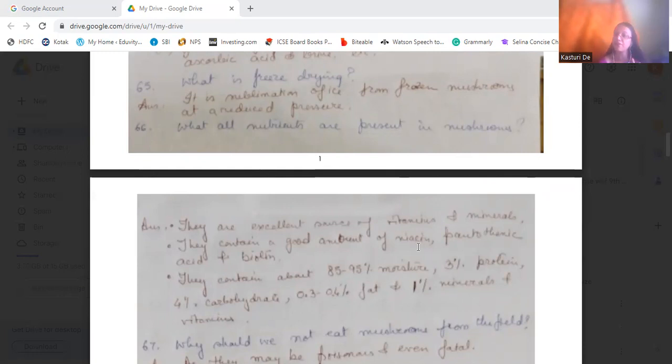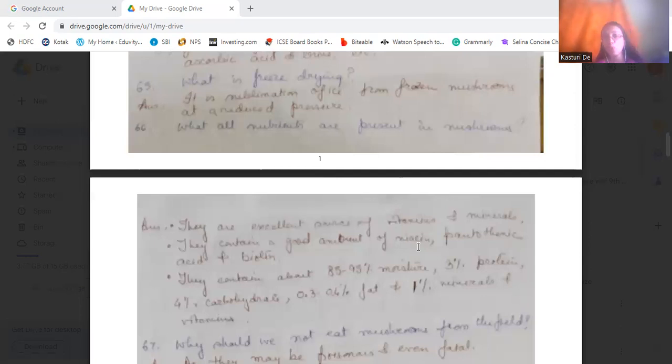They have 85 to 95% moisture, that is water, 3% protein, 4% carbohydrate, 0.3 to 0.4% fat, and 1% minerals and vitamins.